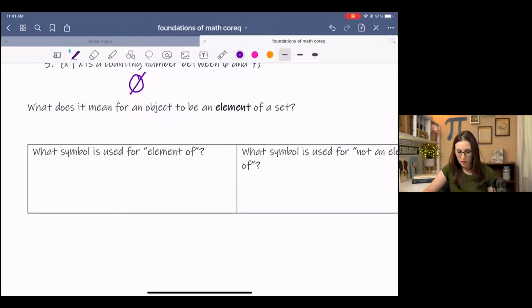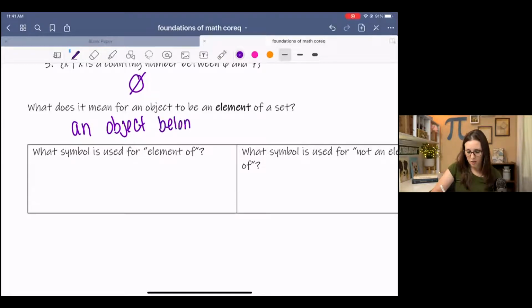What does it mean for an object to be an element of a set? So for something to be an element of the set, that means that an object lives inside of the set or belongs to the set.